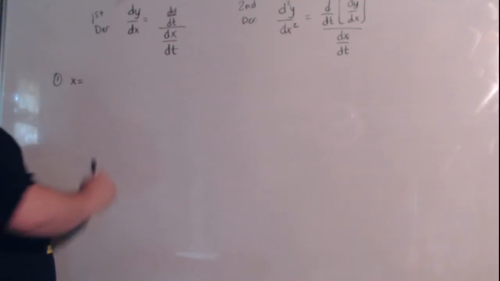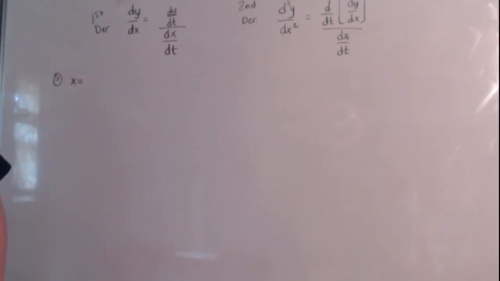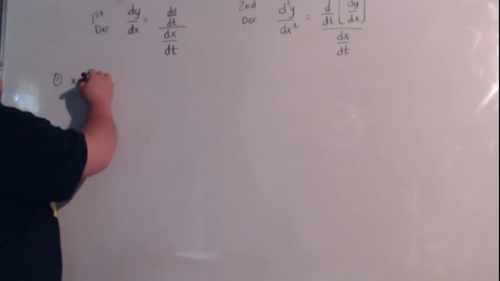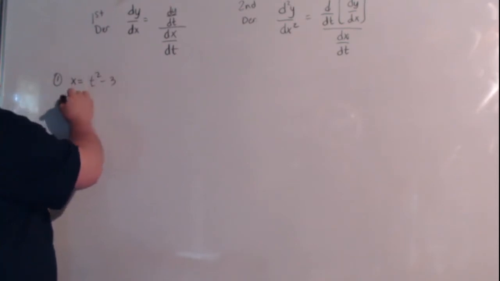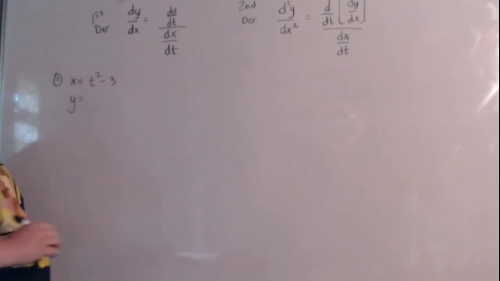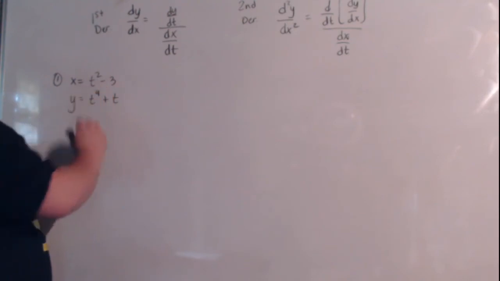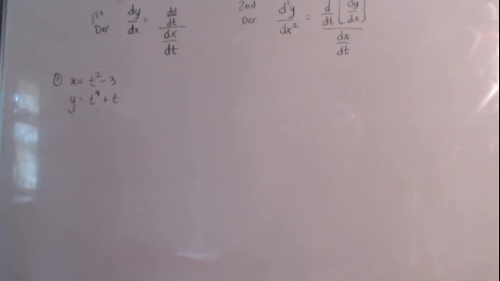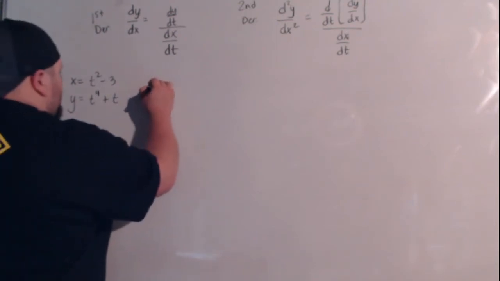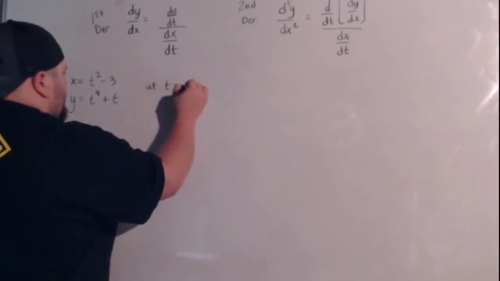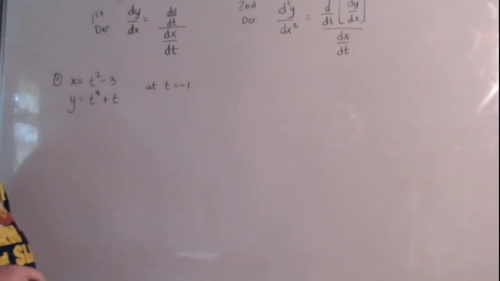So x equals t squared minus 3, y equals t to the fourth plus t, and at t equal -1. So this is a case where, right, we're not depending on time.